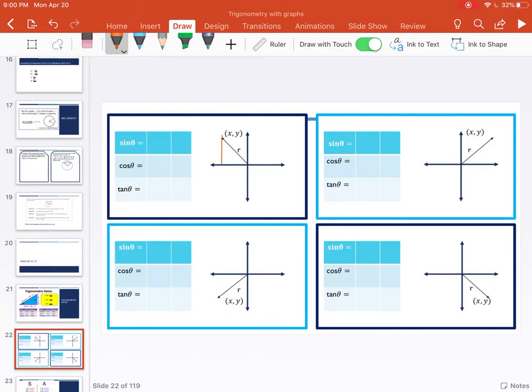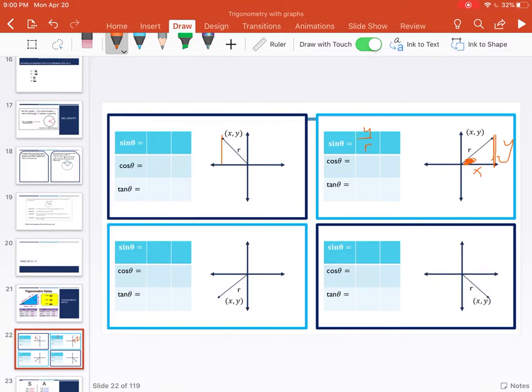All right, so I'm going to draw my x and my y here. So if I'm in quadrant, actually let's start in quadrant 1. So if I'm in quadrant 1, I know my x is going to be positive and my y is going to be positive. So we are always looking at this angle here. Okay, so that means sine theta, we know sine is opposite over hypotenuse, so it would be y over r.